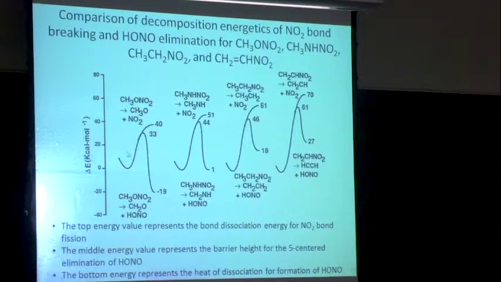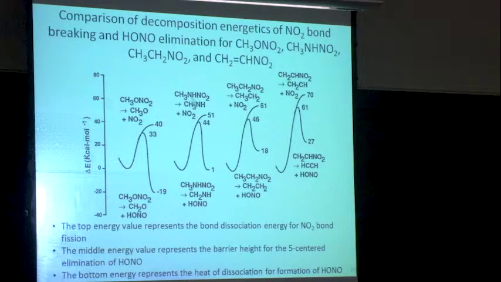And what you're looking at is two different types of reactions. The one on the top is if I have a bond scission reaction and I just dissociate one of the bonds. As we just saw, the weakest bond in the methyl nitrate is the ON bond, and its barrier has a value of about 40 kilocalories per mole.